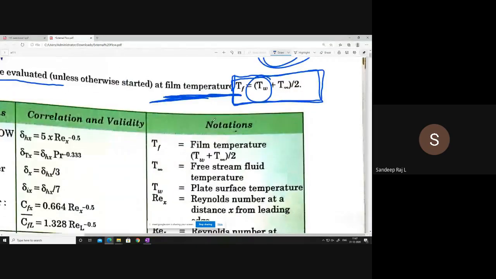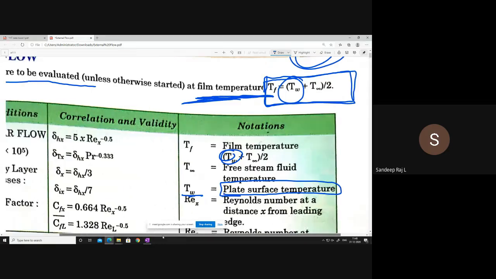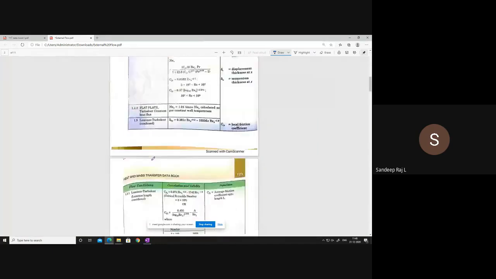It is T wall he has written, T_W he has written here. Okay, T_W means according to him it is a plate surface temperature. He has written plate surface temperature because he is dealing with a flat plate initially. Initially he has written the formulas for a flat plate here. Then you will have for the cylinder, you will have for sphere and all. If you keep moving your pages, you will see all that.